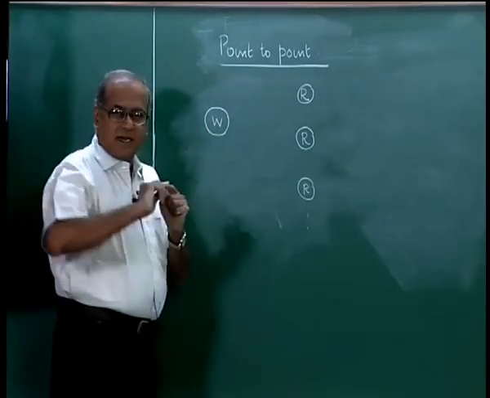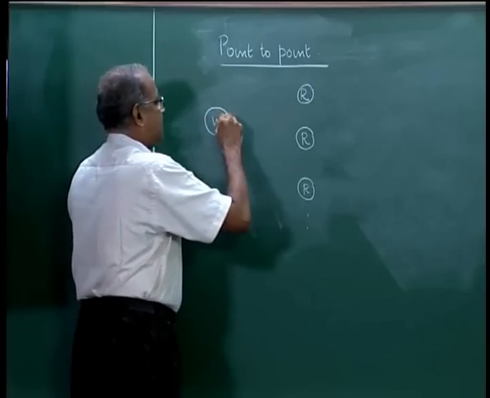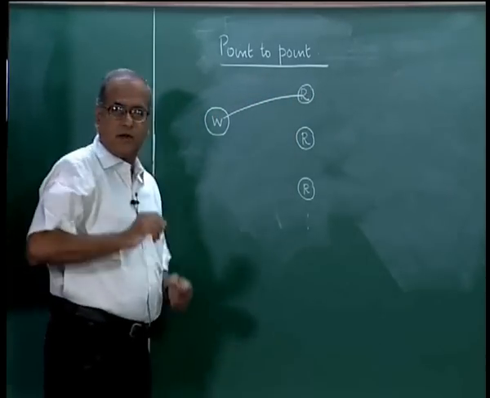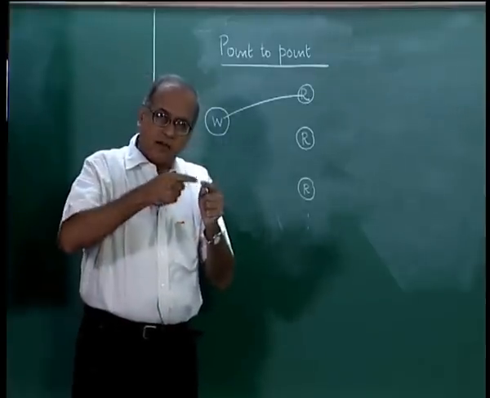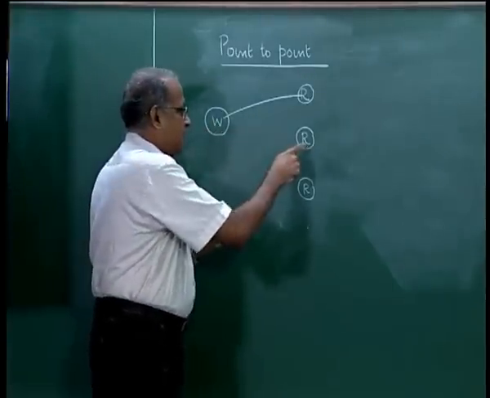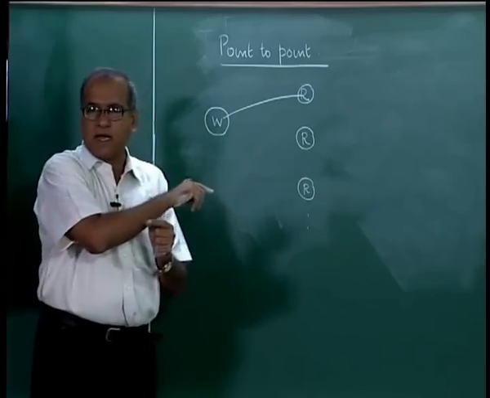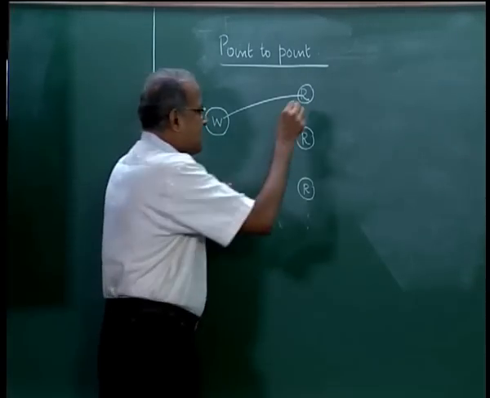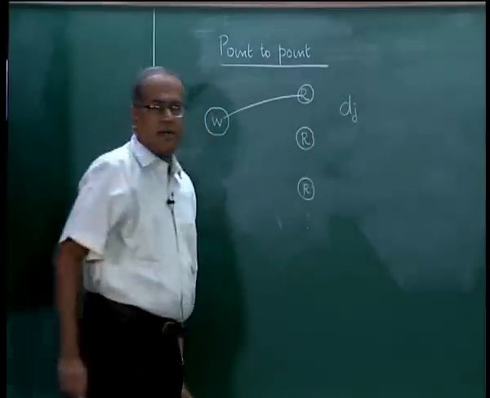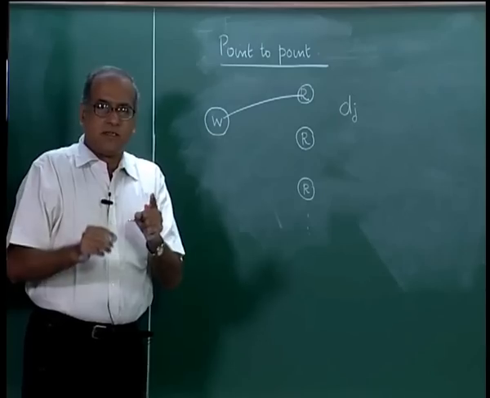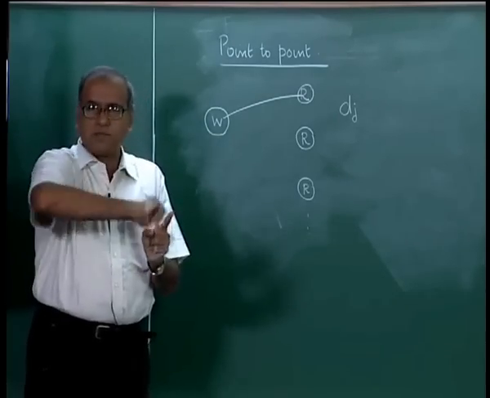Now we will assume that there is a truck which goes from here point to point, it goes to the retailer and comes back, and then it can go from here to another retailer and come back, and a third retailer and come back, and so on. So, let us assume that for retailer j, there is a distance of dj which the truck covers, both ways put together.